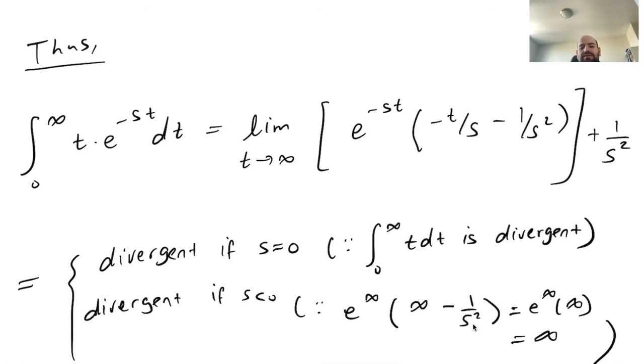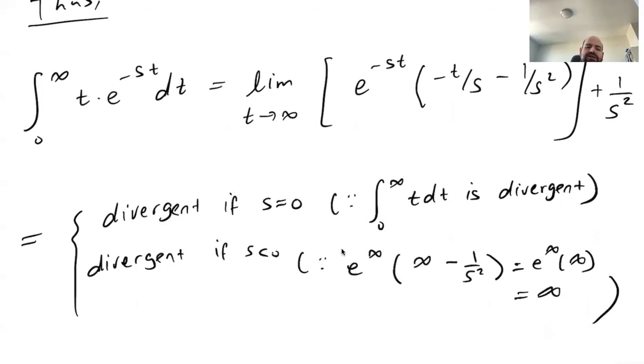Now, s is a constant. Remember, the limit is over t. So infinity minus a constant is still infinity. Infinity plus or minus a constant is infinity. This is what you learn in Math 113. So this will be infinity times e to power infinity, but e to power infinity itself is infinity. Infinity times infinity is infinity. So that's why we said in this case, if s is less than 0, your integral will be divergent.